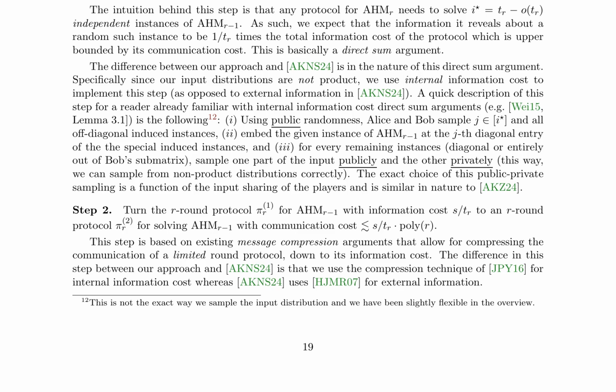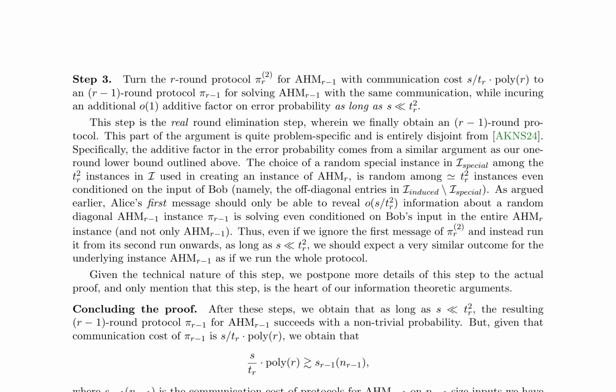The authors use the compression technique of [BBCR10] for internal information cost, whereas AKNS24 uses HJMR07 for external information.